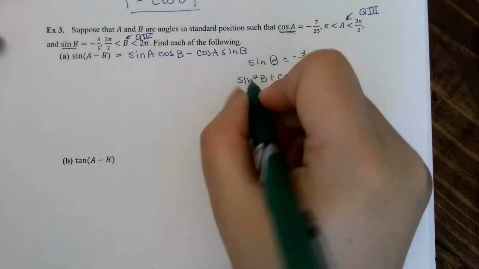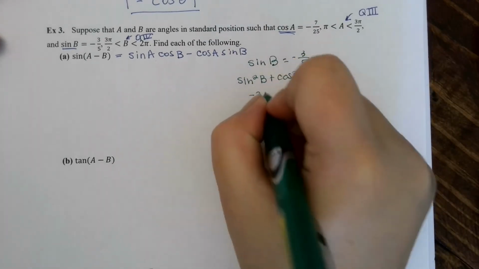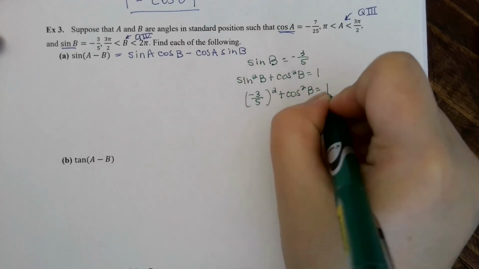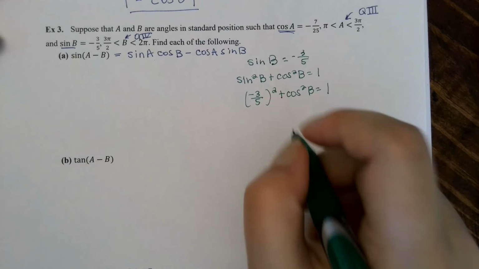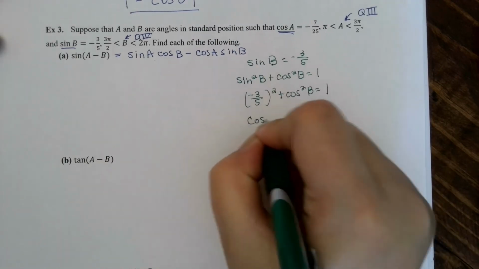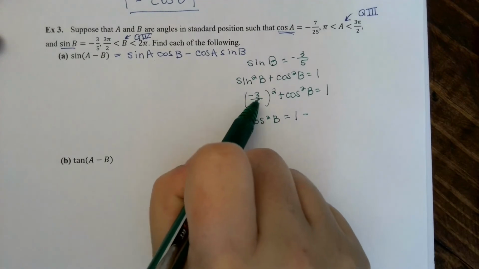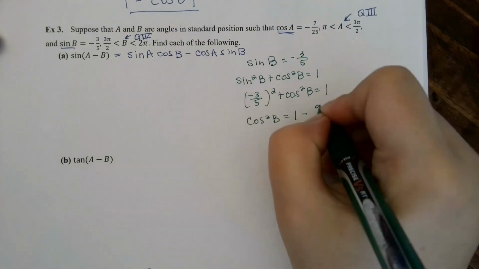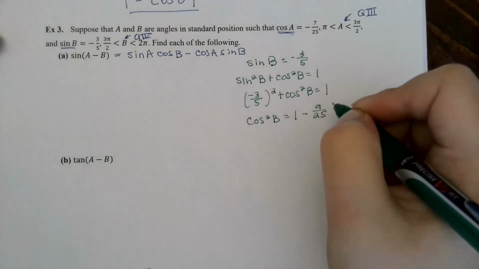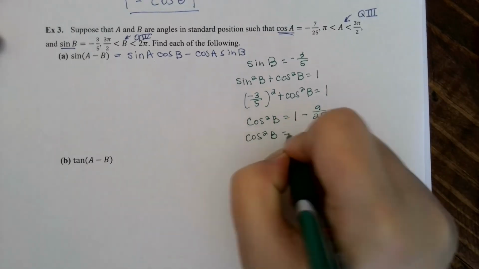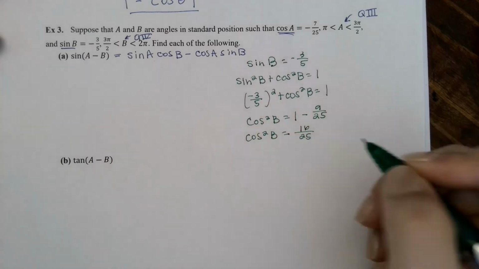Plug in for sine B: (-3/5) squared plus cosine squared B equals 1. Or cosine squared B equals 1 minus (-3/5) squared. So that would be 9/25, so cosine squared B is equal to 16/25.